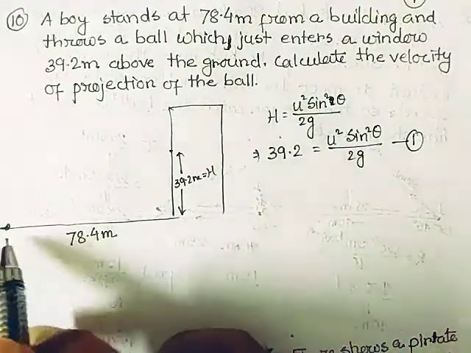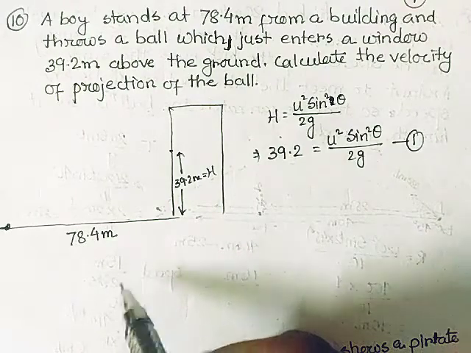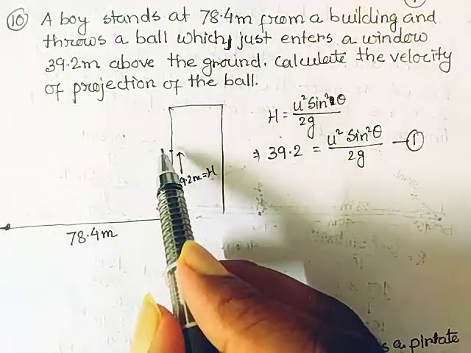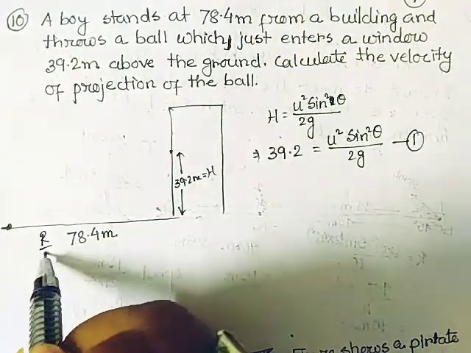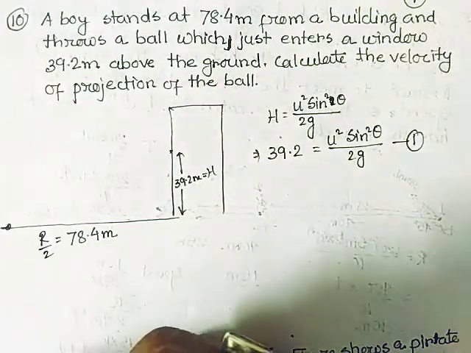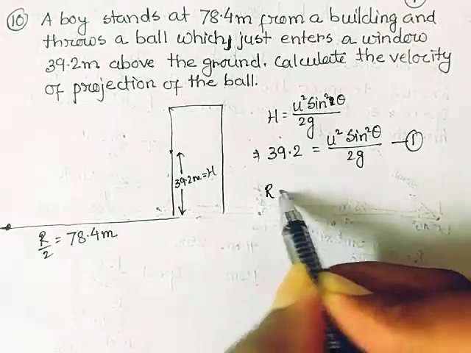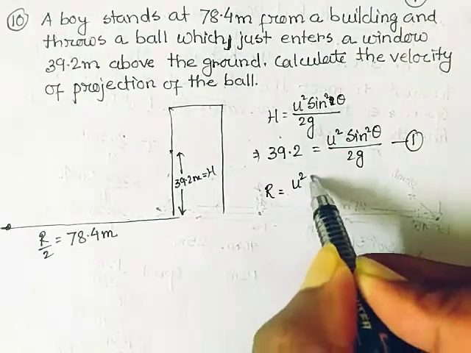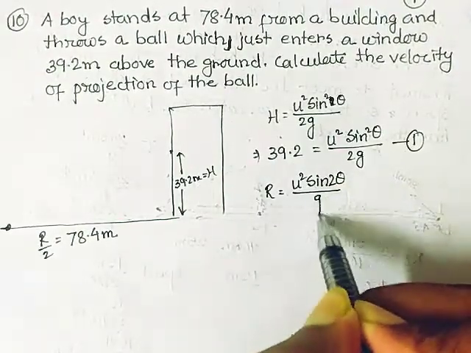The next expression is it has to cover 78.4 meter, but this is not the total range. If it is the maximum height, this is R by 2, that is half of the range. We know that R equal to u square sine 2 theta divided by g.